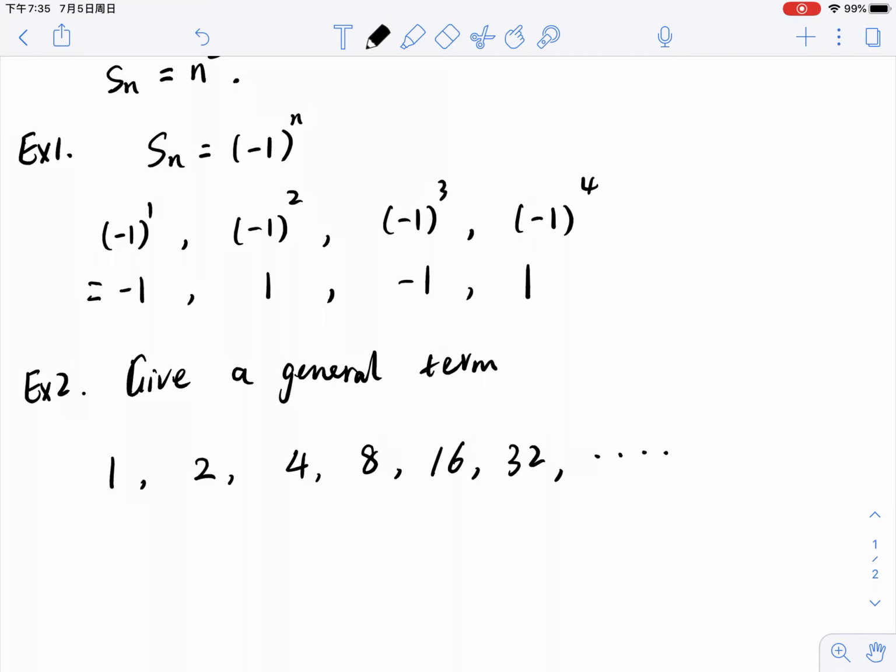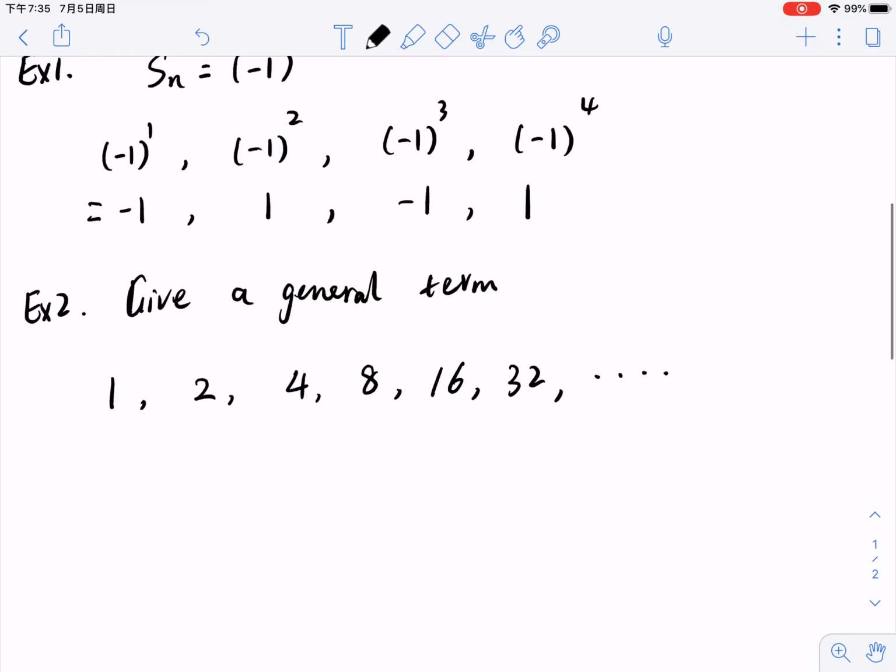Although the first 6 terms do not determine the sequence, we can sometimes use them to determine a possible formula for the general term. So for this sequence, we see we have a power of 2. You see 2 is 2 to power 1, 4 is 2 square, 8 is 2 cube, 16 is 2 to power 4, 32 is 2 to power 5, and this 1 can be written as 2 to power 0.